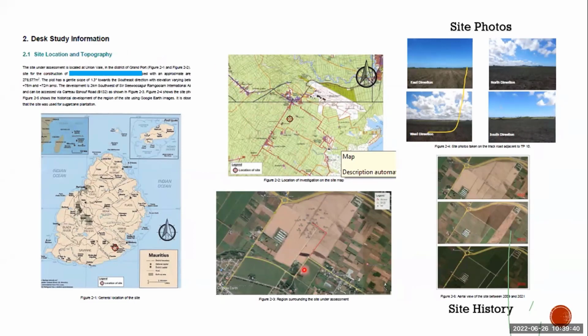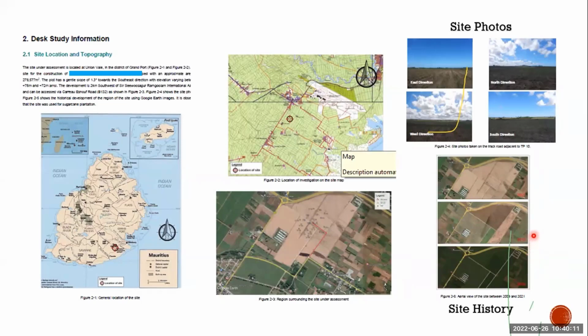We use Google Earth, and some site photos in the east, west, north, south directions, showing how the site looks. And you can see the site history from the past to the current. You can consider what the variation is. From the satellite imagery, you can know what the changes to the site are.